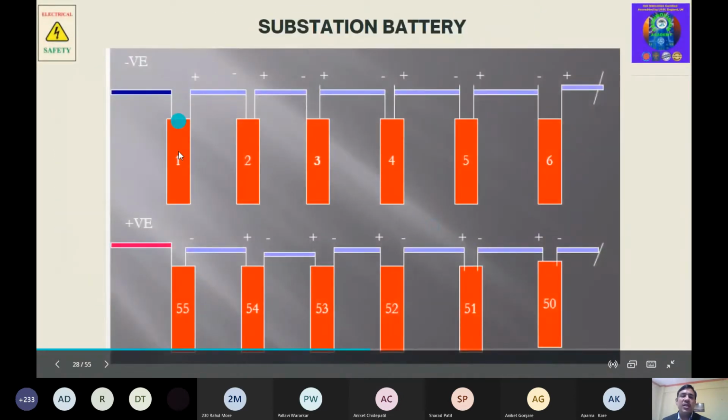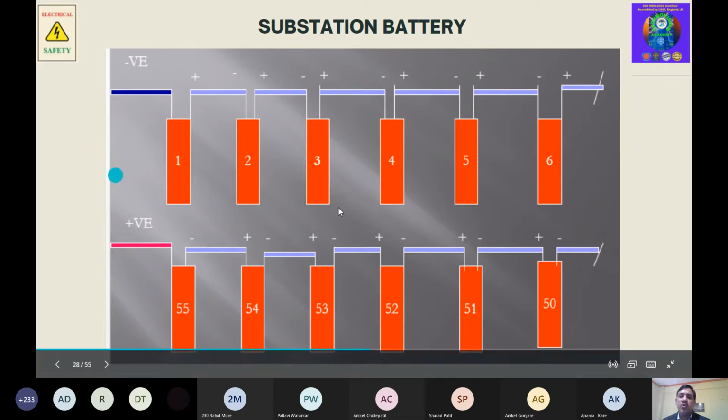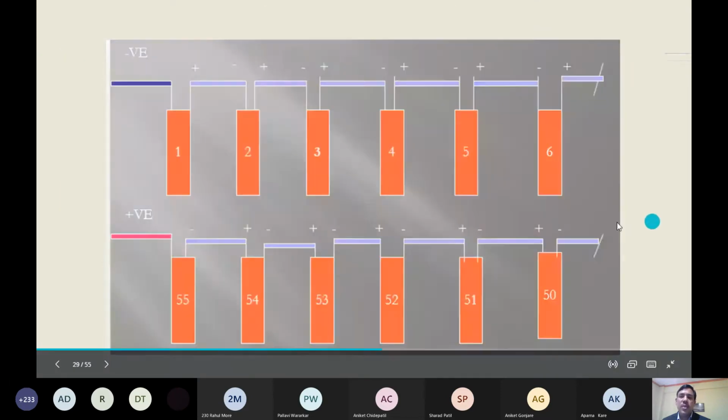These cells are series connected, which means the positive is connected to the negative of the other, like this. Each cell is generally a 2 volt battery. So for 220 volt you want 110 cells in series. Then you will get the output of 220 volt DC.